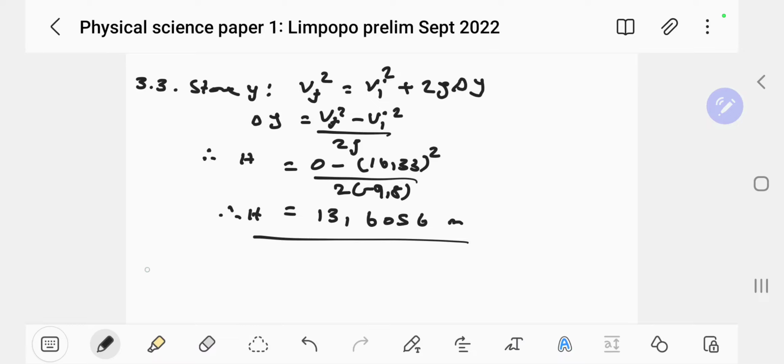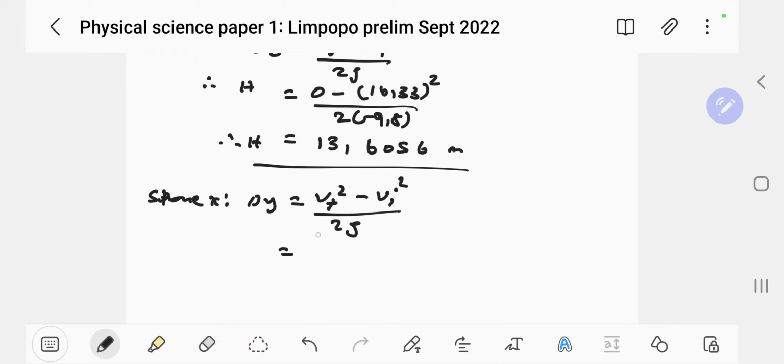Then what about stone X? Well, for stone X, we know again the same situation, our delta y is going to be V final squared minus the initial velocity squared over 2 times g.